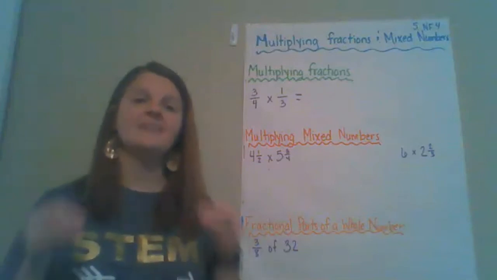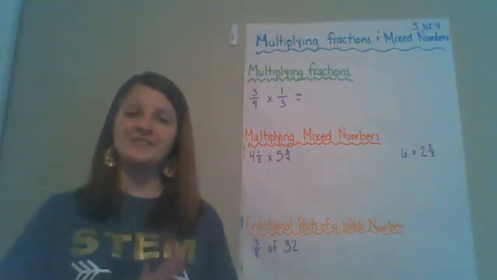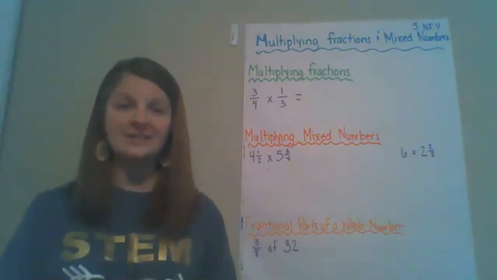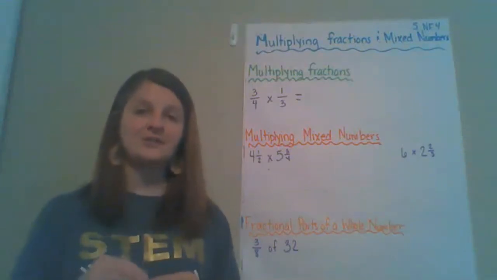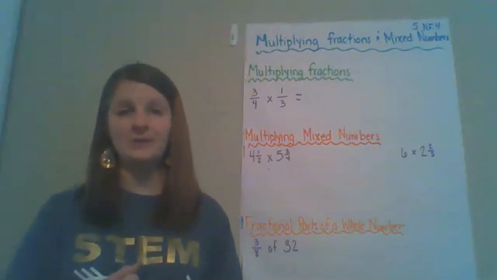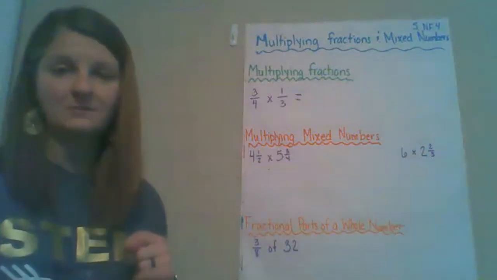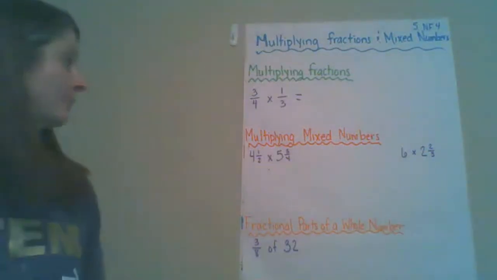If you have a way to solve it and you get the correct answer and you understand why what you're doing works, then that's great, okay? But also remember that pictures show a deep understanding of what you are doing, okay? So we're going to do some pictorial representations of these different problems.